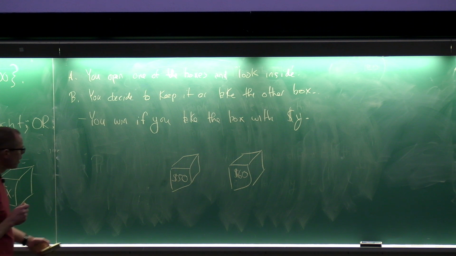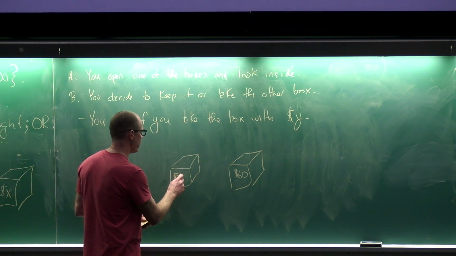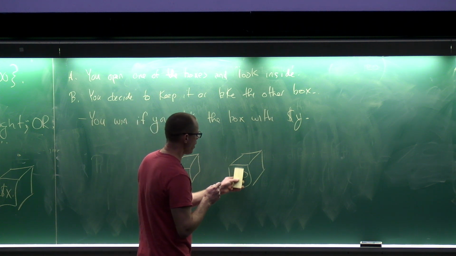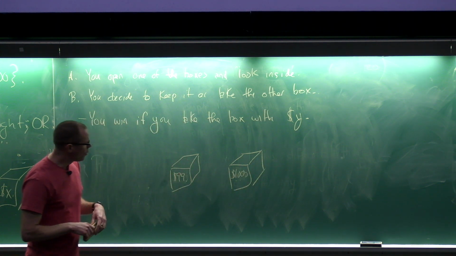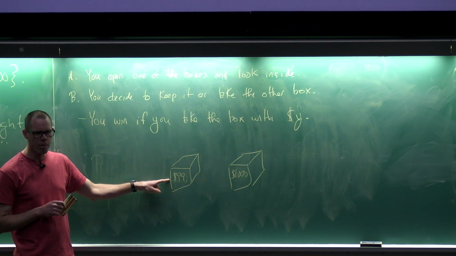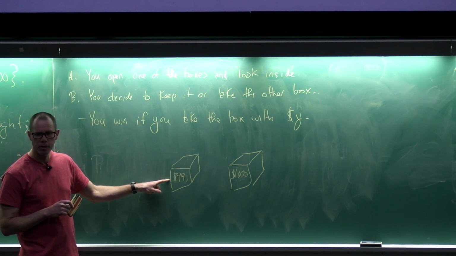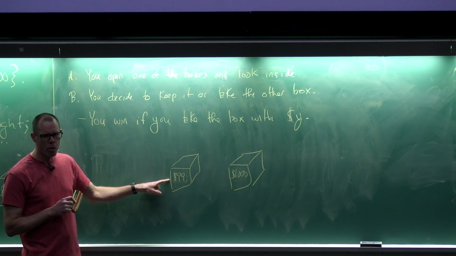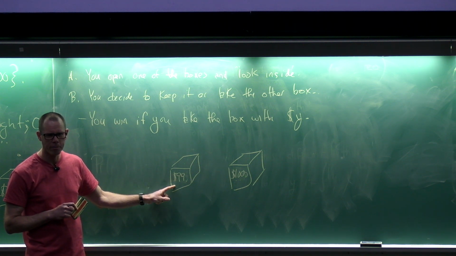So keep in mind, if I pick the numbers 99 and 100, if you open up the box that has $99 and you decide to keep it, you lost the game. Okay? So you still keep the money, but you lost the game. So it's important, the definition of winning is critical here.